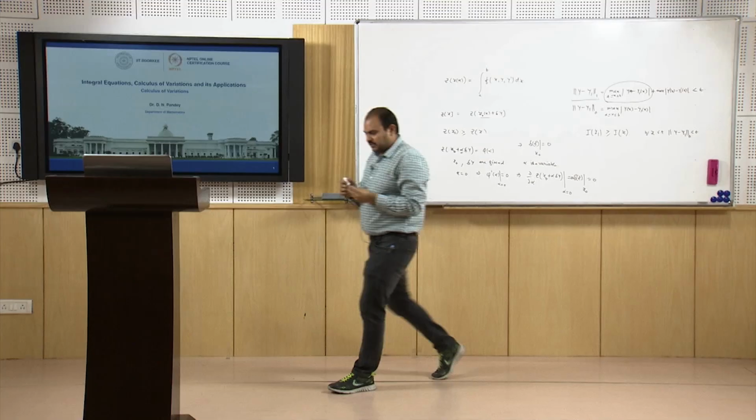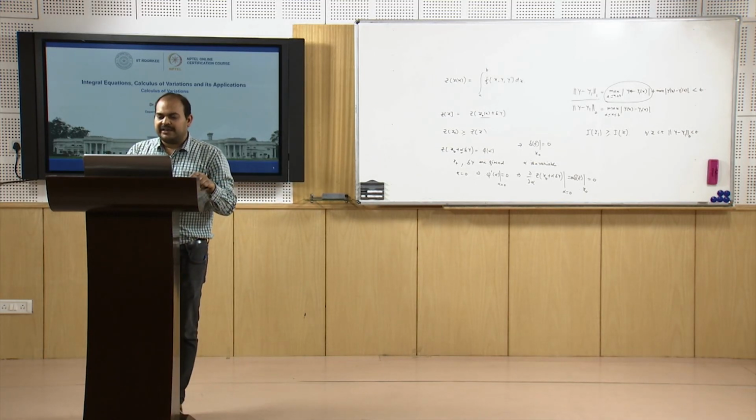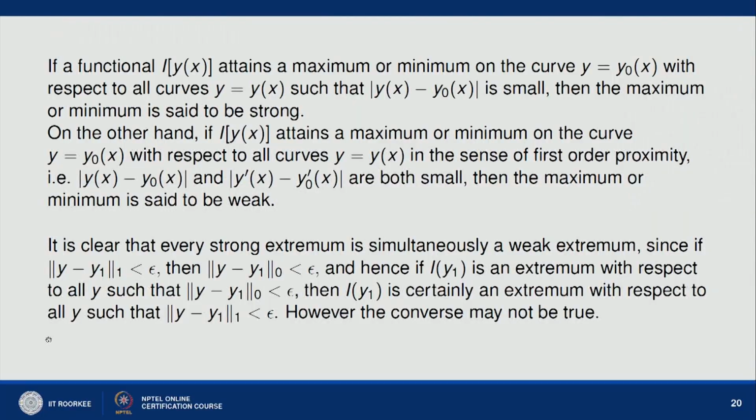Let me summarize this. If I of y1 is an extremum with respect to all y such that y is close to y1 in the sense of 0 norm, then I of y1 is certainly an extremum with respect to all y such that the 1 norm of y minus y1 is less than epsilon, but the converse may not be true.